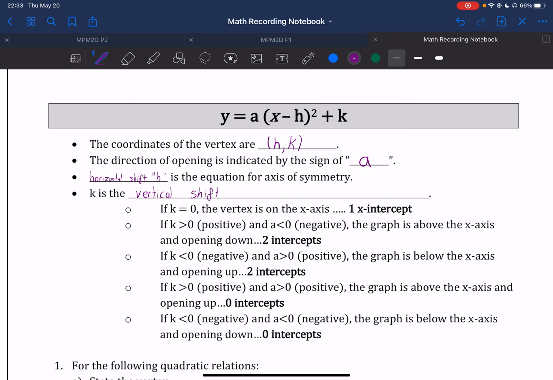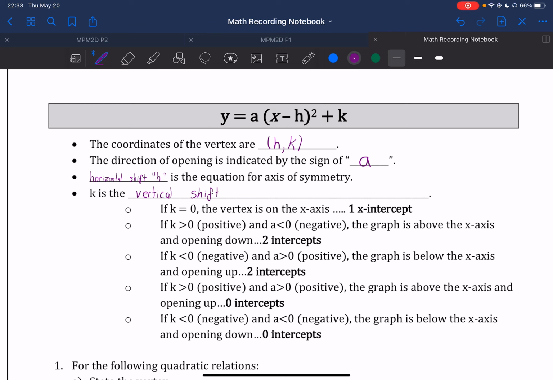So if k is equal to 0, the vertex is going to be on the x-axis, meaning that there's only one root, one x-intercept, (1, 0). Remember, x-intercept, root, and zero all mean the same thing.